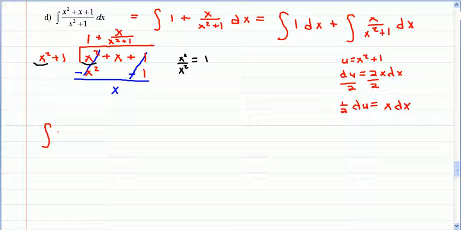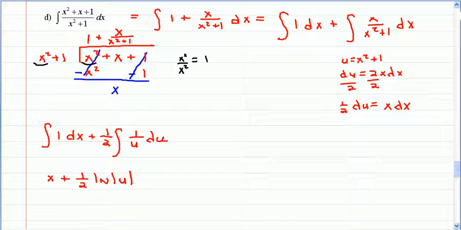And so I will rewrite both integrals, 1 dx plus 1/2 of 1 over u du. And if I integrate 1, it's just x plus 1/2 times the ln of the absolute value of u.